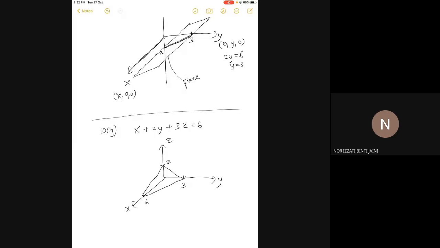Rafi, can you make me understand what this question is if dia bagi koordinat tu? Contoh macam ni ke? Give me specific question Number 9.